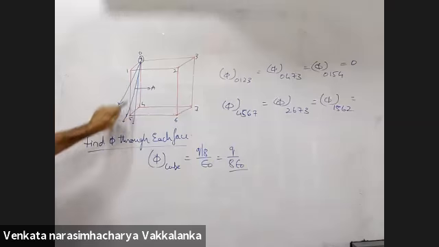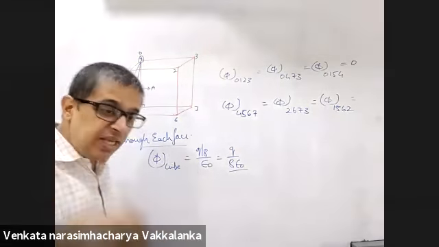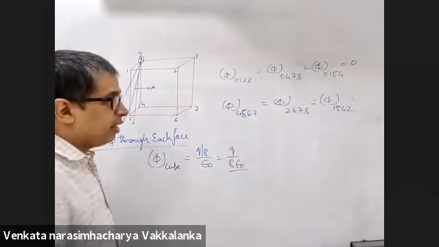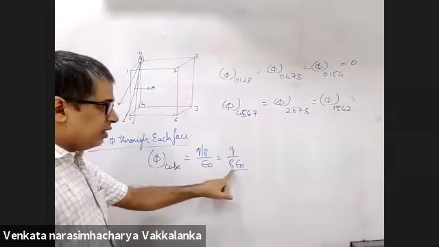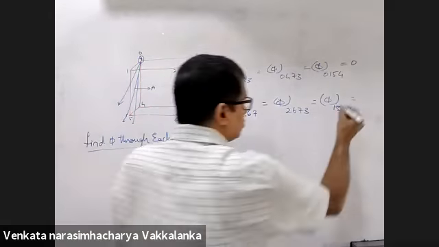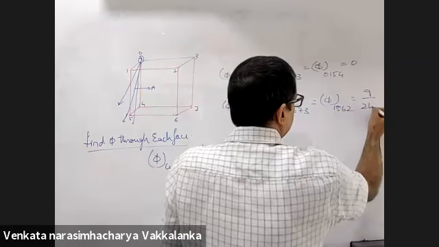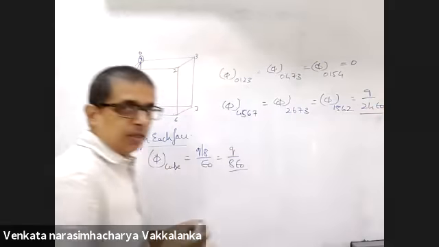And flux through 1, 5, 6, 2. All of them will be equal by symmetry. Hence, they will share 1/3 of this q by 24 epsilon naught.